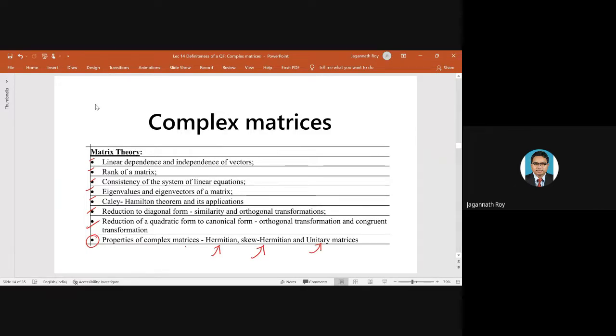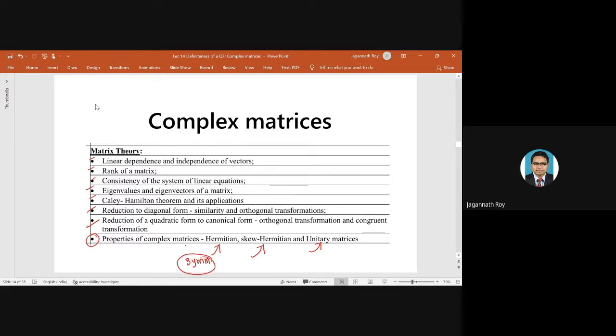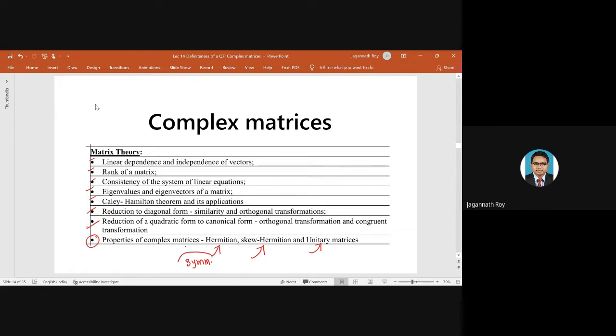These are very related because we have seen that symmetric matrices have their special natures. So whatever we do for real symmetric matrices, this is skew symmetric, and this is orthogonal.